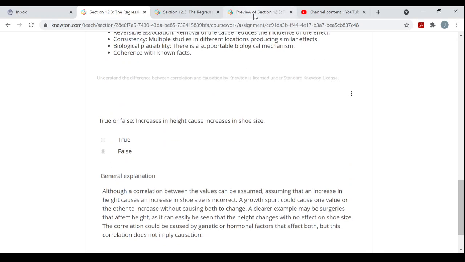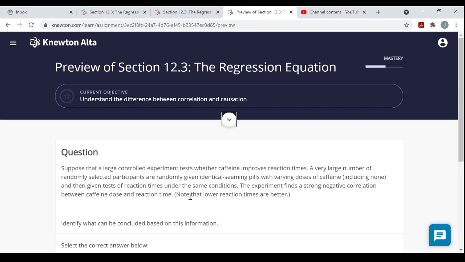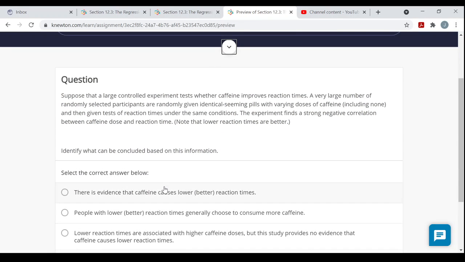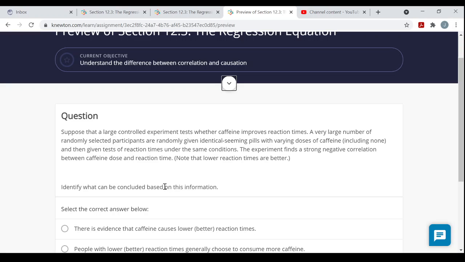Alright, so let's get to the problem at hand. There's not really a lot of numbers involved in this objective, it's just a lot of reasoning. Suppose that a large controlled experiment tests whether caffeine improves reaction times.